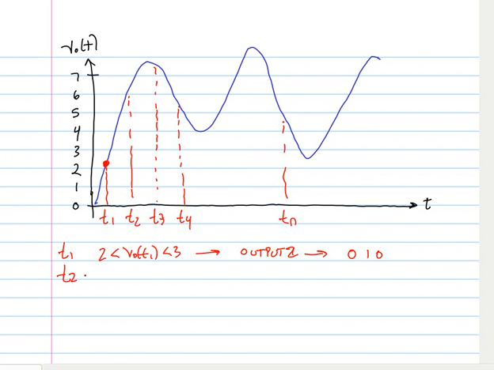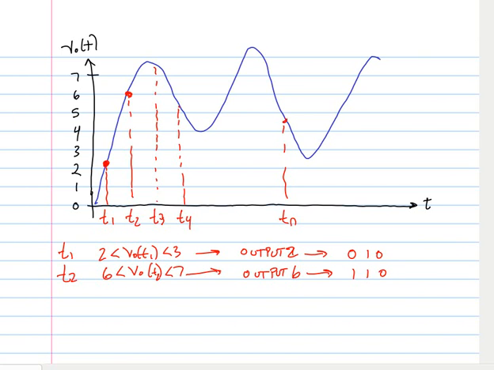We would go to T2 and see that our output is somewhere between 6 and 7. So 6 is less than VO of T2 is less than 7. So we would output a 6, which corresponds to 1, 1, 0.